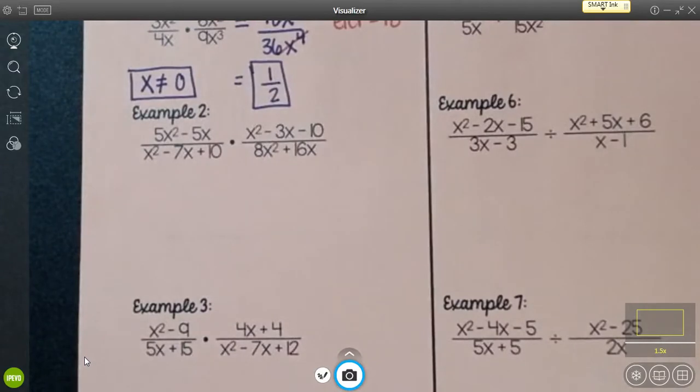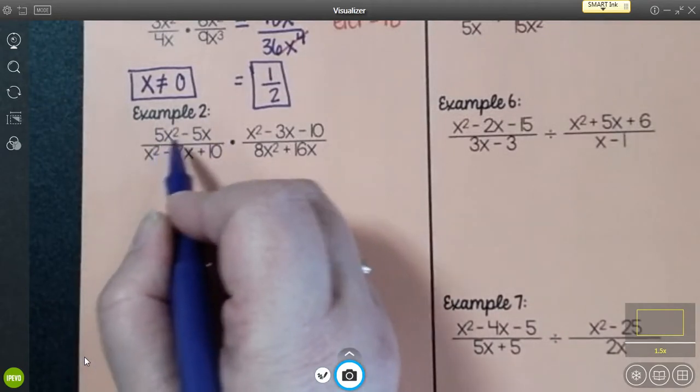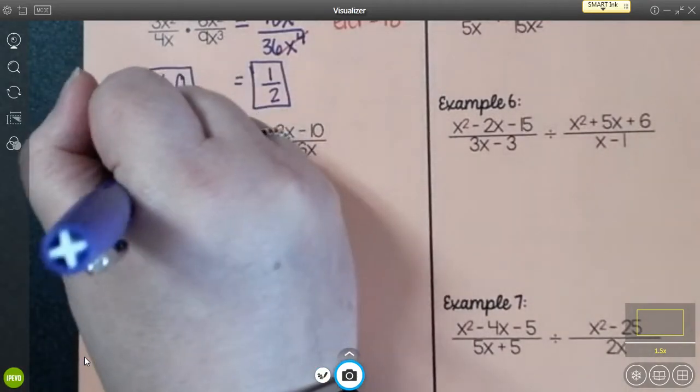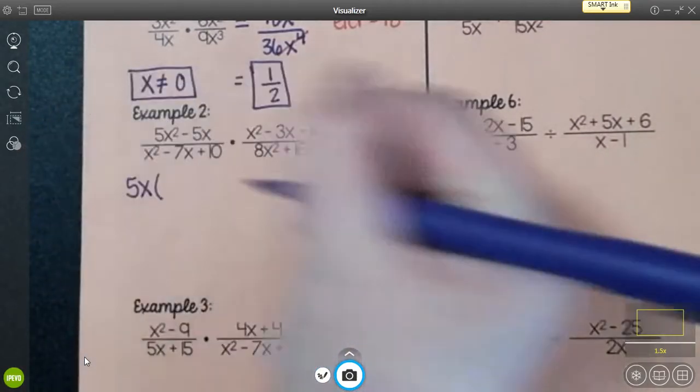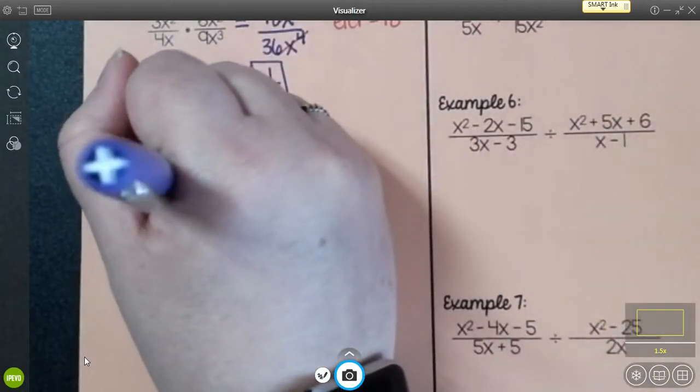We're just going to factor each of those sections first. So let's take a look at the upper left section. 5x squared minus 5x. How can we factor that? Factor out 5x. And what's left over? X minus 1.